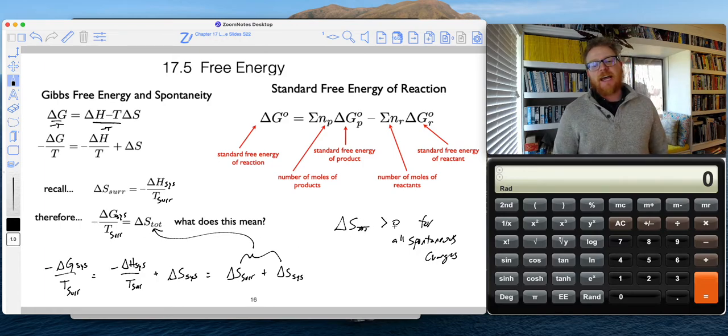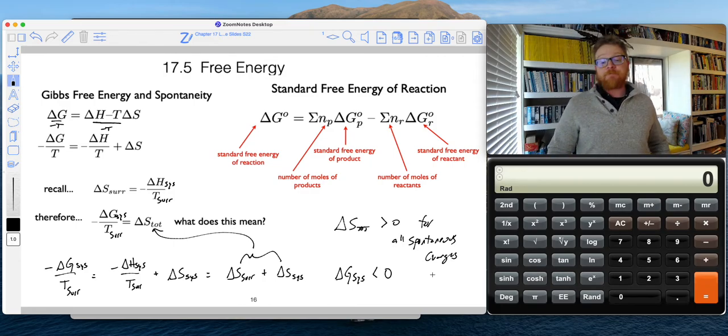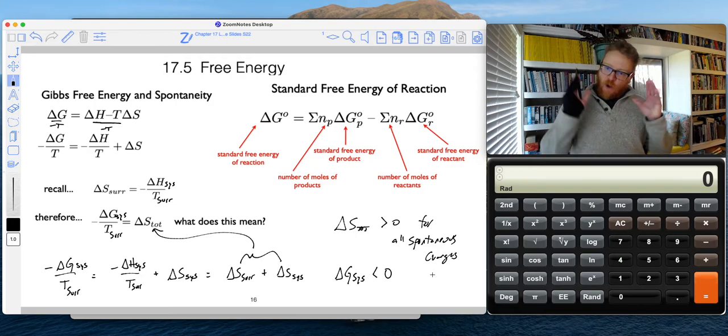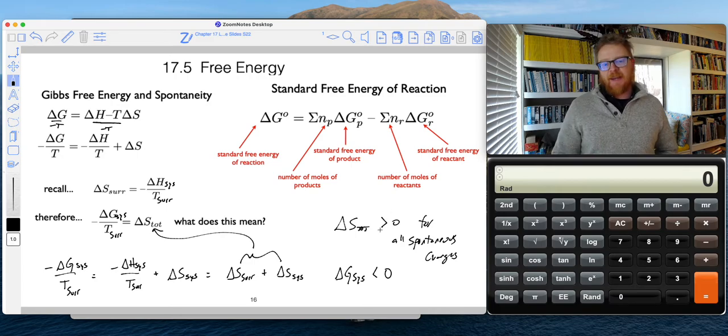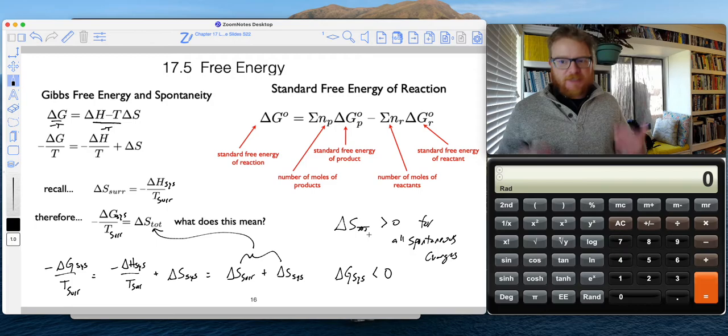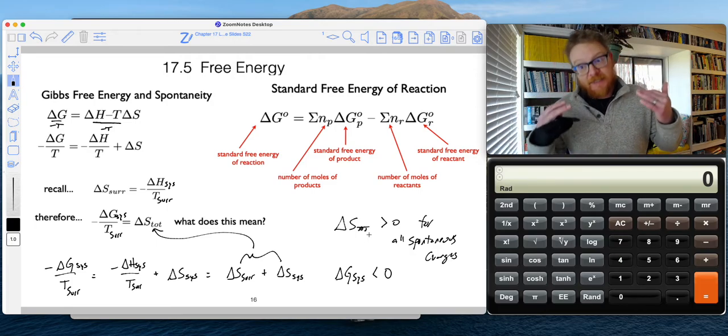So that means if delta S total is greater than 0 for all spontaneous changes, that means the free energy of the system must be less than 0 for all spontaneous changes. So this gives us another way of looking at spontaneity and only focused on the system, right? So again, if we have a spontaneous process, its total entropy must increase and its free energy must decrease.